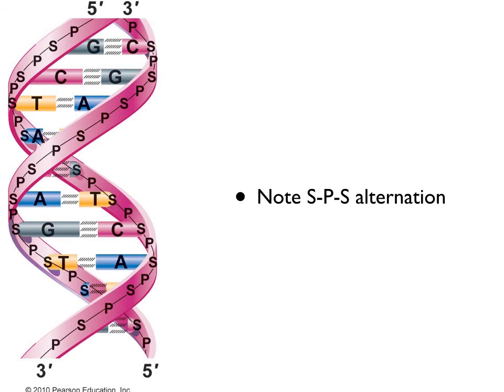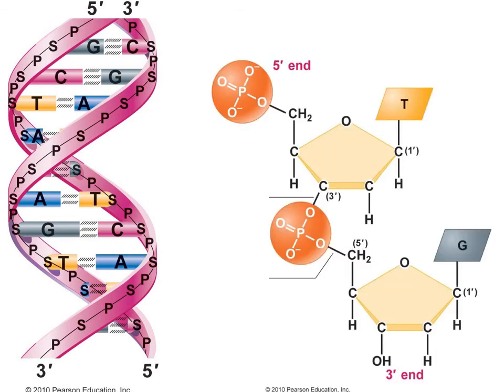So I want you to note this alternating sugar phosphate organization, and that is based upon what we've already seen here. You can see this phosphate group that is in between the different sugars that are attached to different bases. Remember the organization or placement of these phosphate groups being between the 3' carbon of one sugar and the 5' carbon of the next.